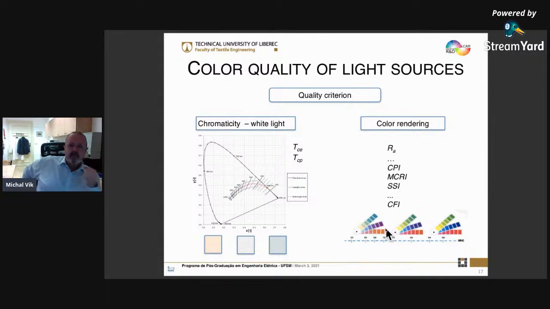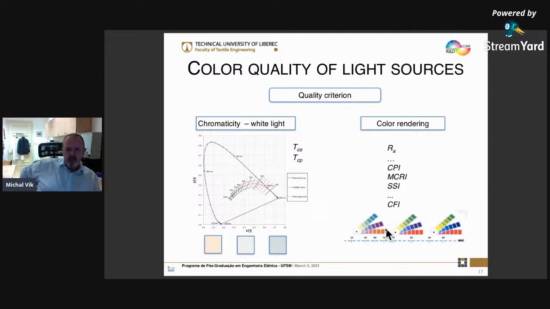If I go back to the color quality of light sources, you need to remember that if we are thinking about quality criteria, we need to divide between two parts, chromaticity and color rendering. Chromaticity is at the beginning because we need to understand that color quality of light sources is typically designed for white light sources or near white light sources.